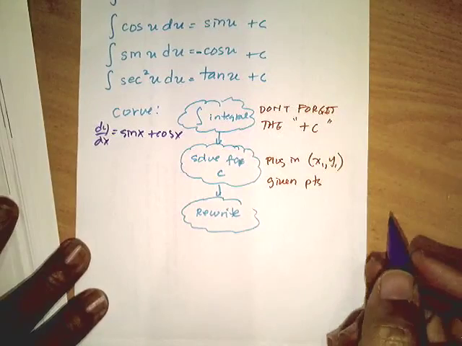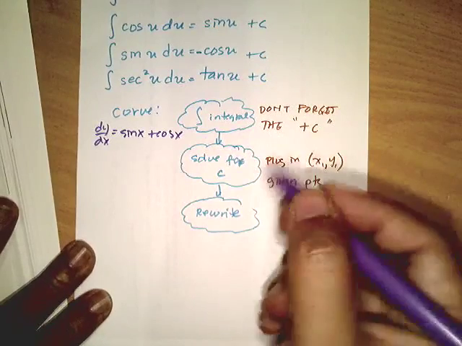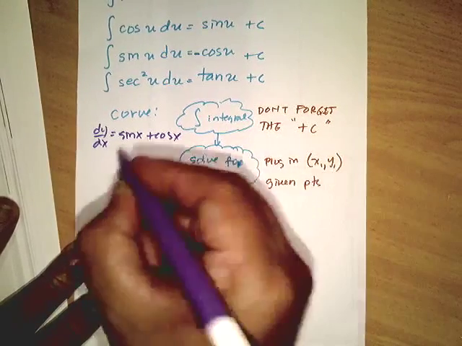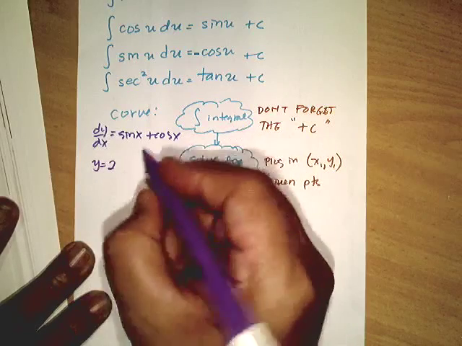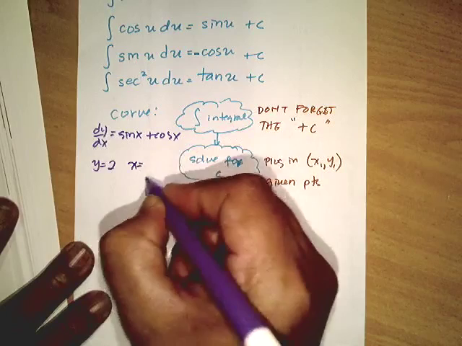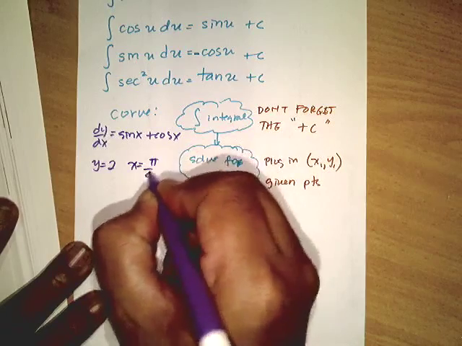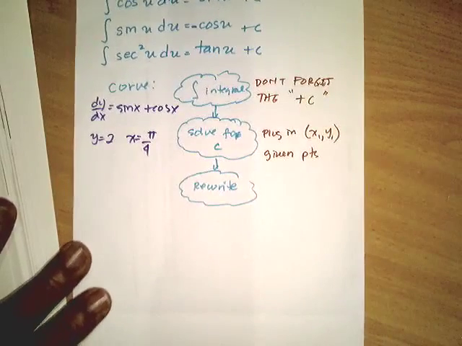And then we're looking for the expression of the curve when y is equal to 2, x is equal to pi over 4. Let's try to figure it out.